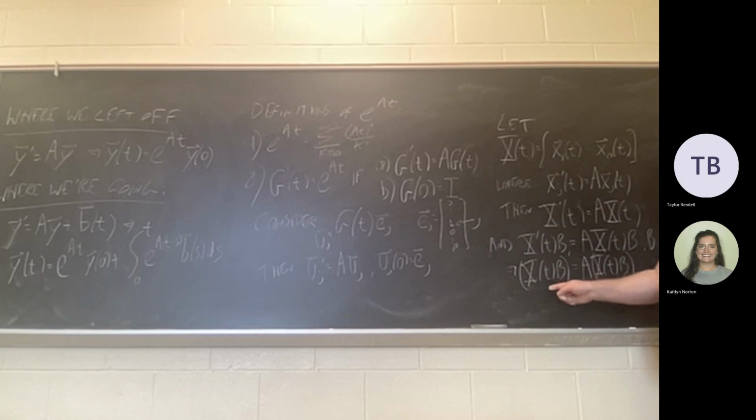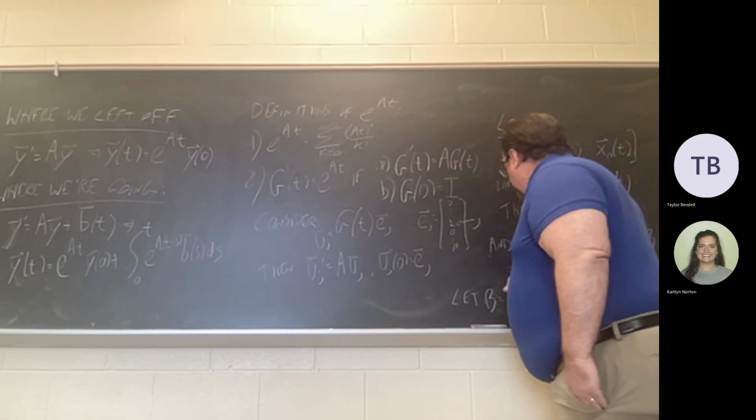Each column of this is a linear combination of these solutions, therefore it's also a solution. And we can see that by multiplying both sides and seeing that this prime is equal to A times the same thing.